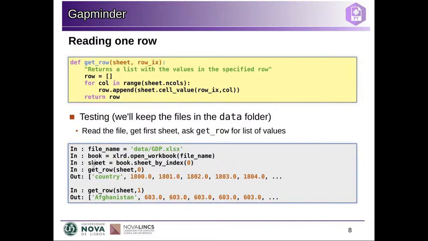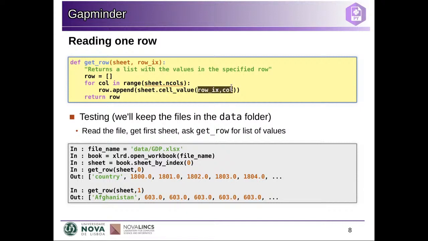Now this object that the Excel read module provides, which accesses a spreadsheet in a workbook, has this method cell value that we can use to obtain the value in a cell by giving the coordinates of the cell, so the row and the column.